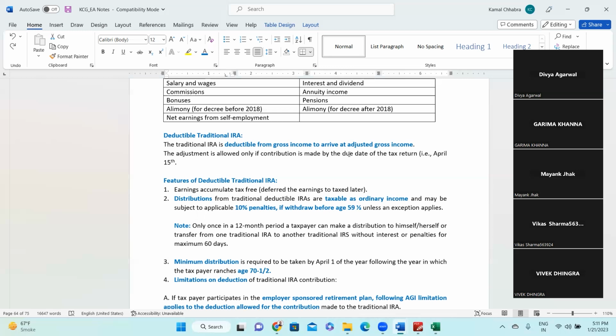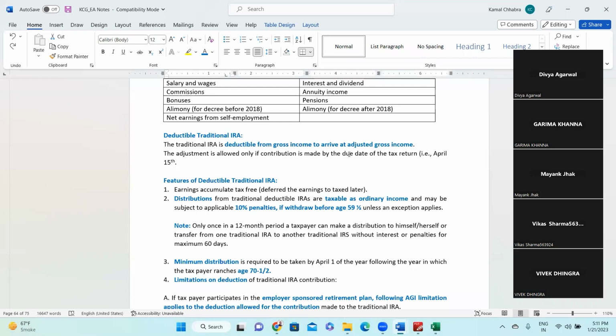If you have deposited, then it is okay, you can claim the deduction. And if there is no tax due to the IRS, then you can also file the extension, so there's no problem. But on the other hand, if you have not deposited to the traditional IRA, then you cannot consider this amount as a deduction, and you need to pay more taxes on or before the due date to get the extension.